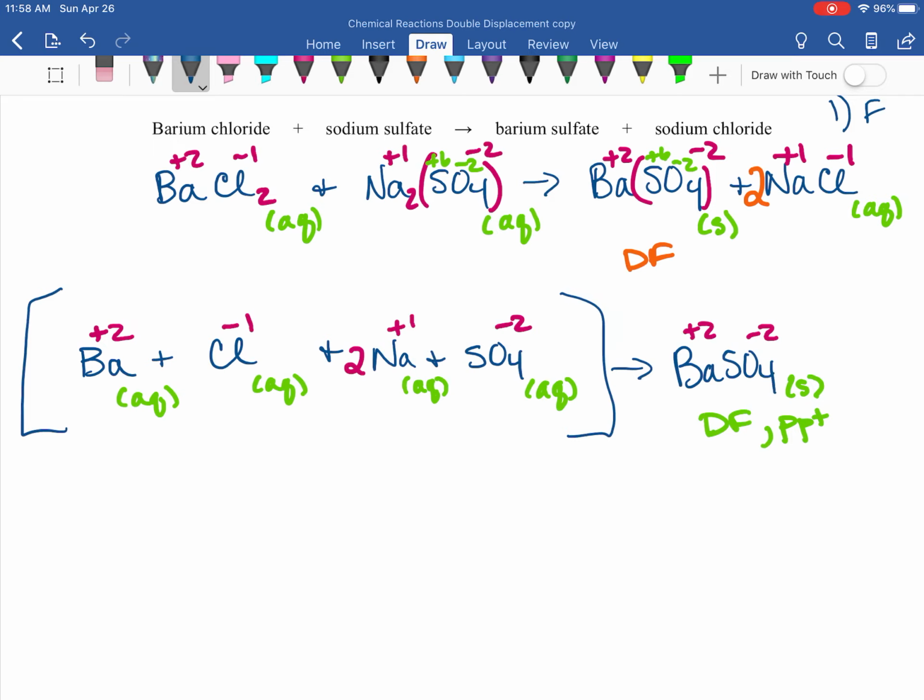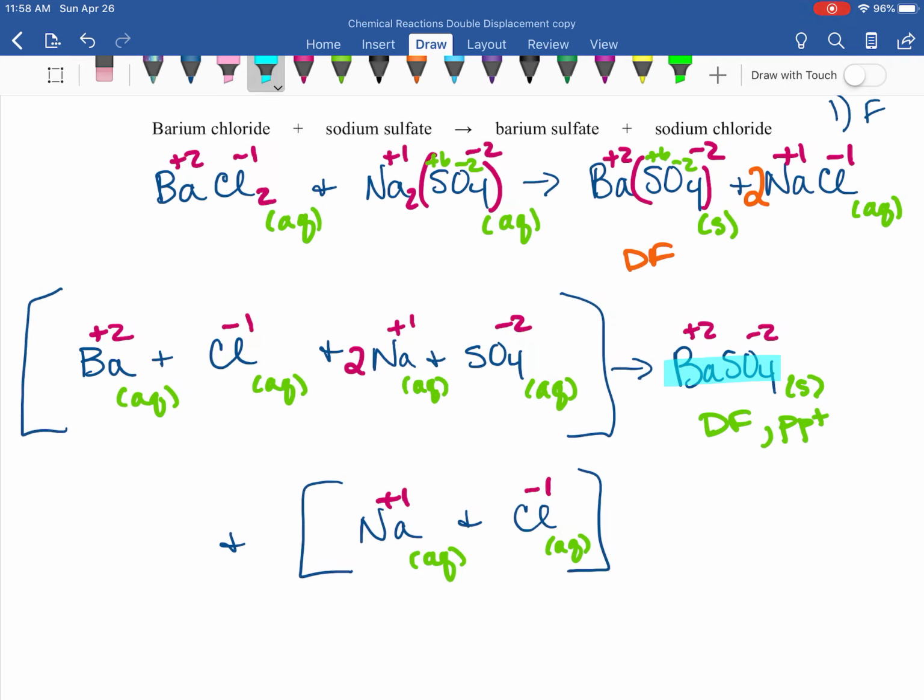That is your solid. That is your driving force, and that forms a precipitate. Do you need to put your charges there? You can. I am always a fan of charges. And then what else is left in your solution? You still have the sodium and the chloride, and they are still floating around in that solution.